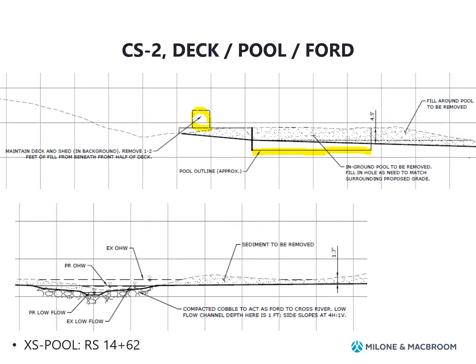At the shed and deck, you would excavate as much of the sediment and fill from under and around the deck as you can to create a sloping drainage or floodplain surface indicated with the dark line, while leaving the shed and decking.